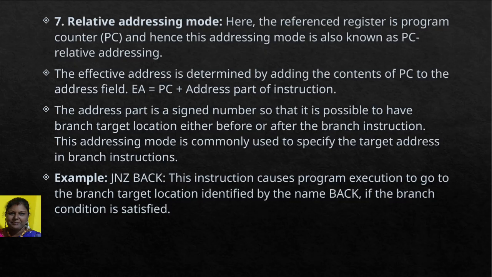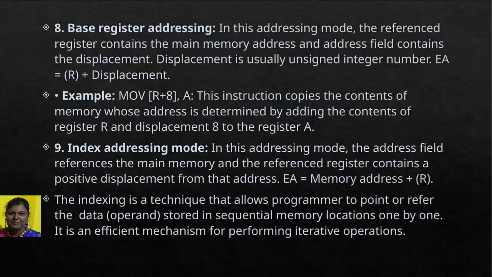Let's talk about 2 important addressing modes in computer architecture: base register addressing and index addressing. In base register addressing, the register holds a main memory address, and we add a displacement, a small number, to find the exact location. For example, MOV A, R+8 copies data from the address at R+8 into register A. Index addressing works a bit differently.